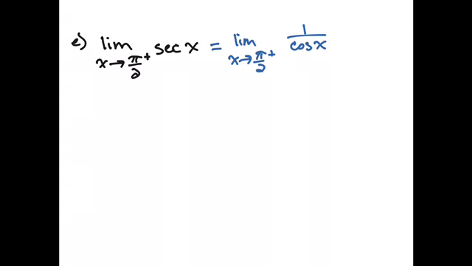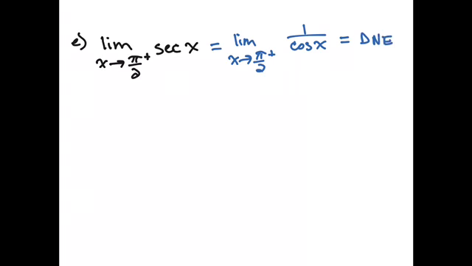What is cosine of pi over 2? 0. So, does this limit exist? No. Because cosine of pi over 2 is 0.